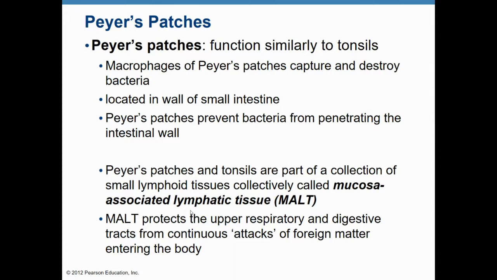So MALT are these collections of lymphoid follicles. They're going to be found in the upper respiratory and digestive tracts, and they are going to kind of continuously attack any foreign matter that enters the body.